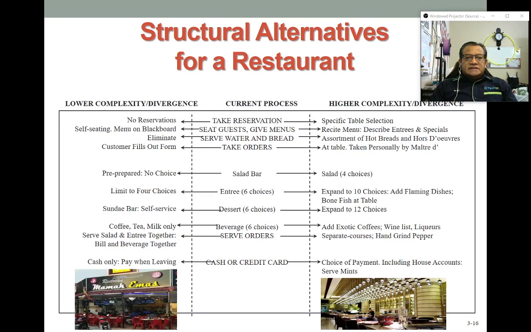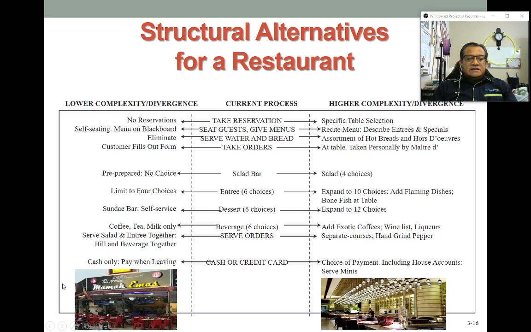Let's take a look at this format layout for a structural alternative for a restaurant. A restaurant serving food could be as simple as a mama restaurant, or it could have higher complexity and more divergence like a five-star hotel restaurant. With lower complexity, for example, it doesn't require reservation.